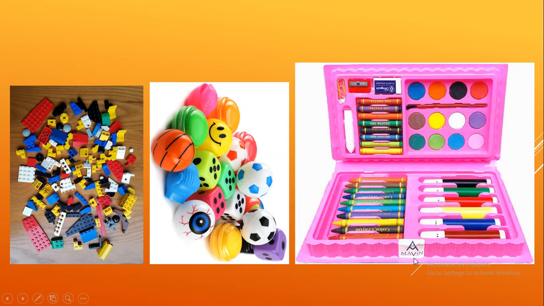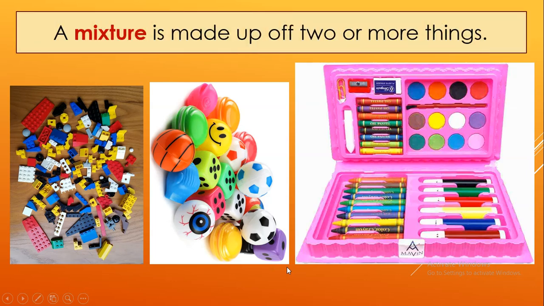These drawing tools make a mixture of solids too. The things in a mixture of solids do not change. You can sort them back out of the mixture. So what is a mixture? It's made up of two or more things.